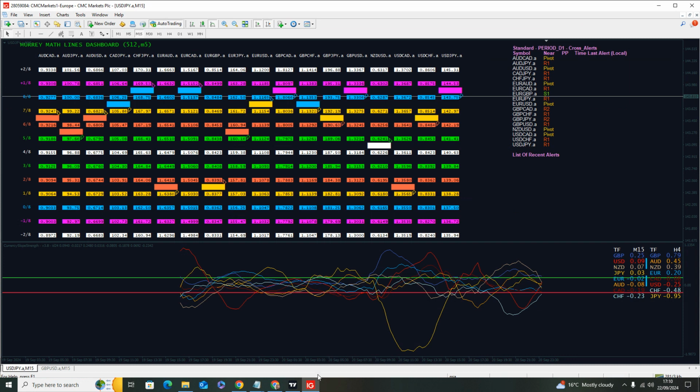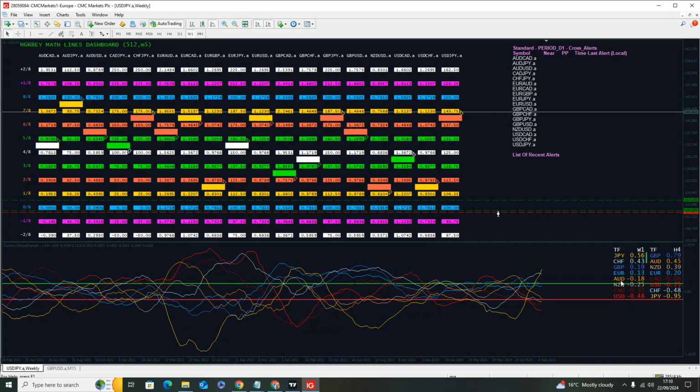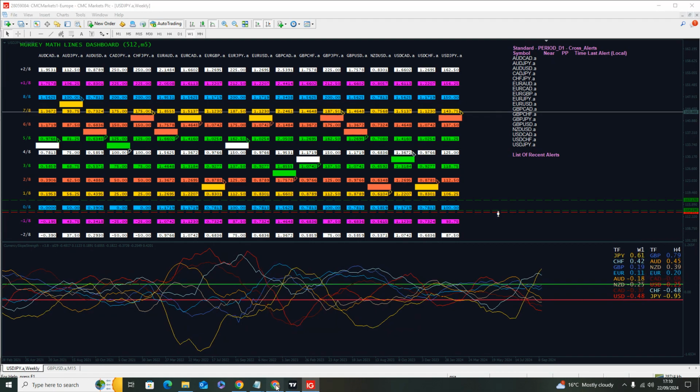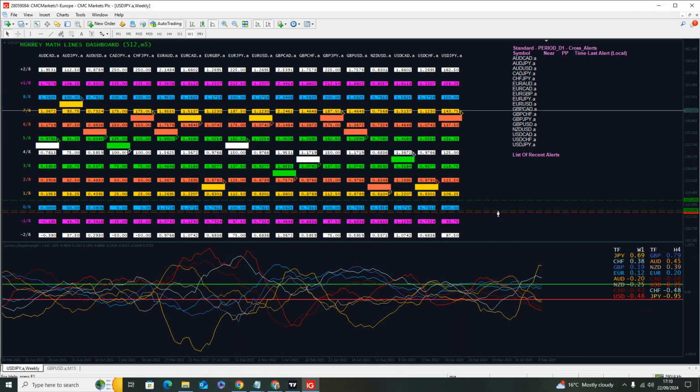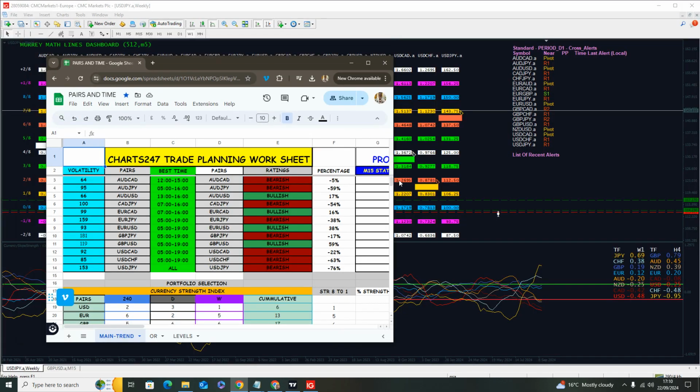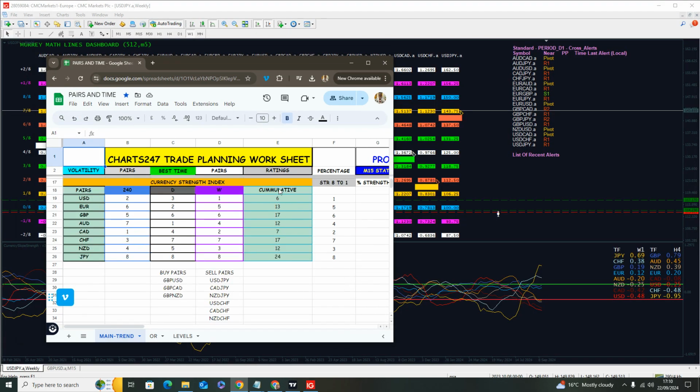As we always do, we start with the weekly chart. As you can see, we have the weekly number. I'm not expecting too much change regarding that. This is the one we're looking for, last week's strength.